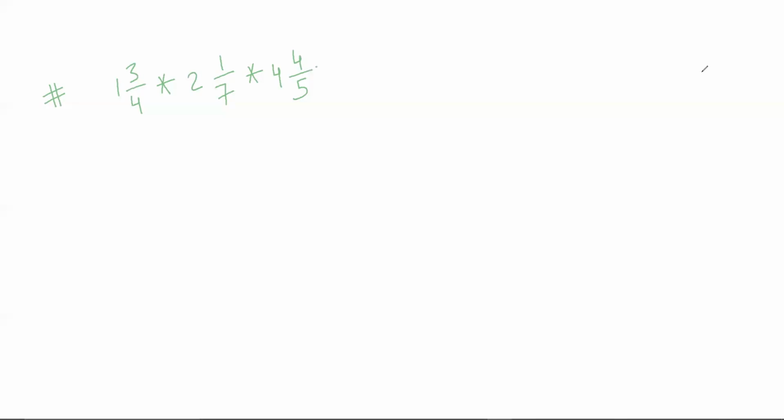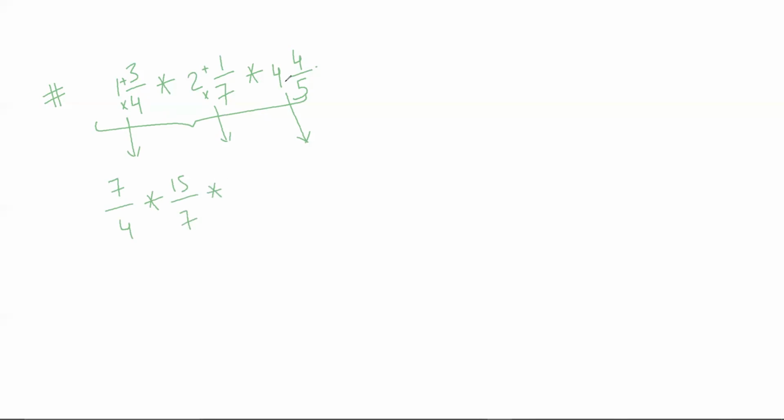So the first thing that I need to do is convert these into improper fractions. So this will be 4 into 1 plus 3, 4 plus 3 is 7, so 7 upon 4. Into 7 twos are 14 plus 1, 15 upon 7.